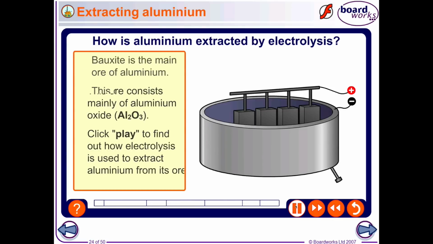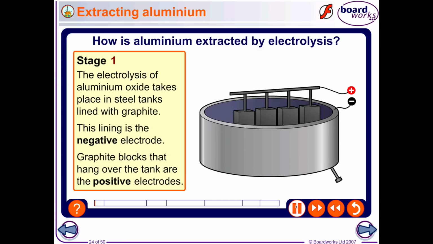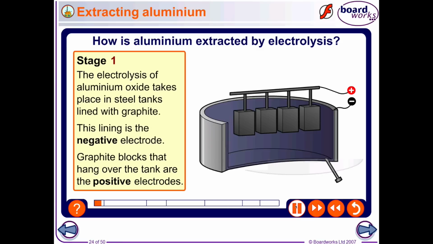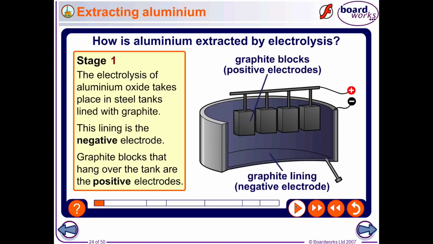So we put the solid in there, and you'll see now, the first thing you'll probably realise is that the positive electrodes are in the centre and the negative electrode is around the casing of the container. These electrodes are made of graphite for aluminium oxide electrolysis.